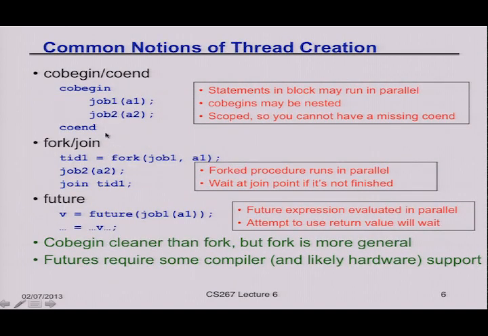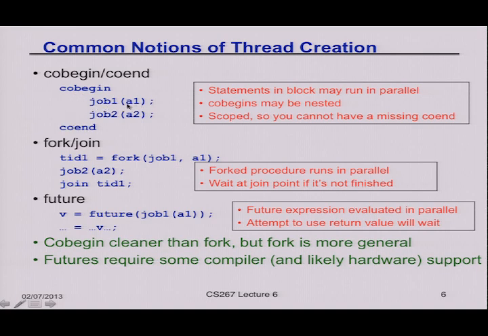So here are the common notions of how parallelism is created by all these languages. The simplest thing to begin with is co-begin and co-end. All the languages spell it slightly differently, but I'm going to use this common notation. In between co-begin and co-end, every job inside that nest can run in parallel.